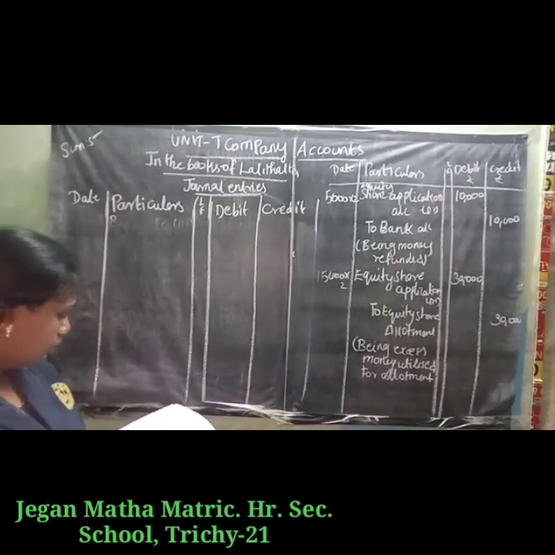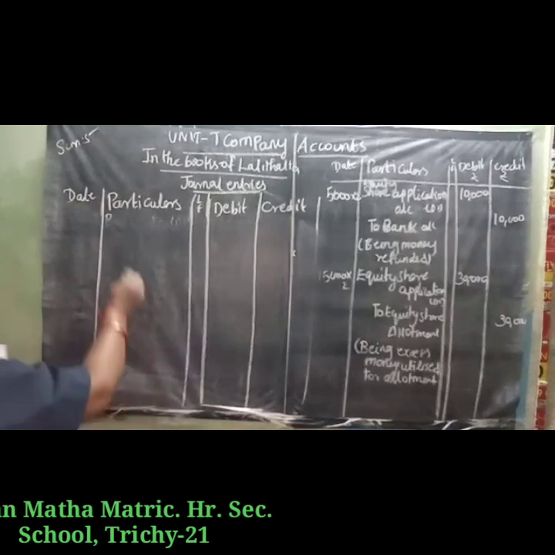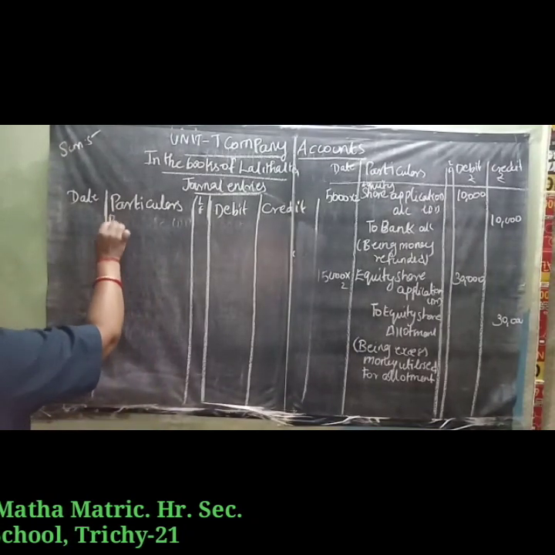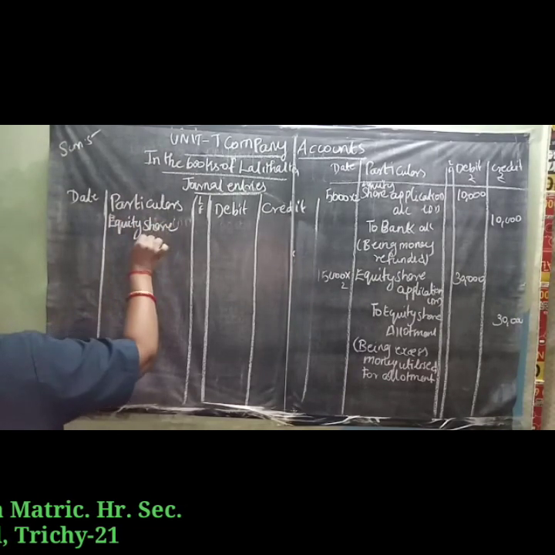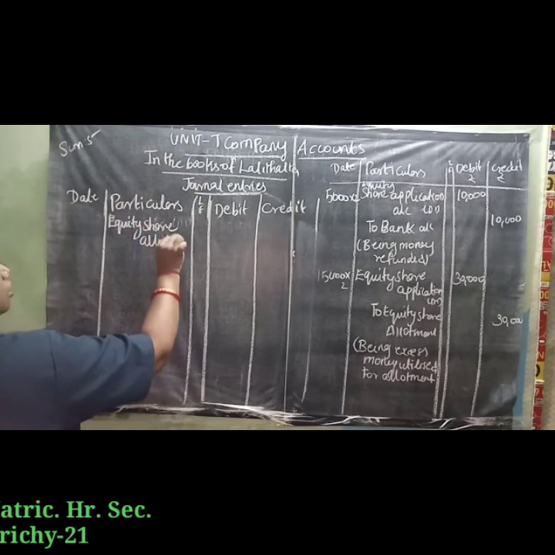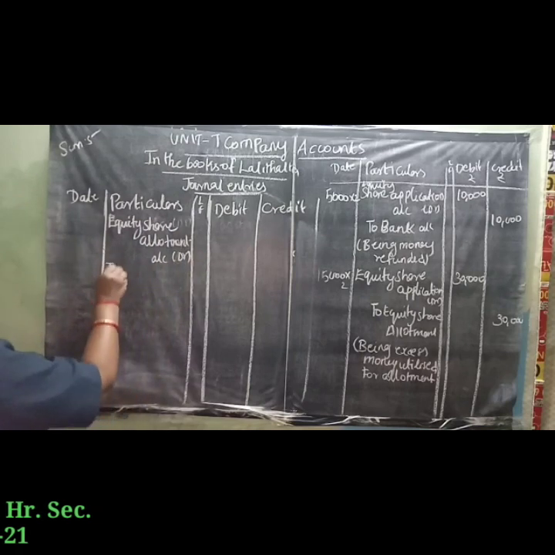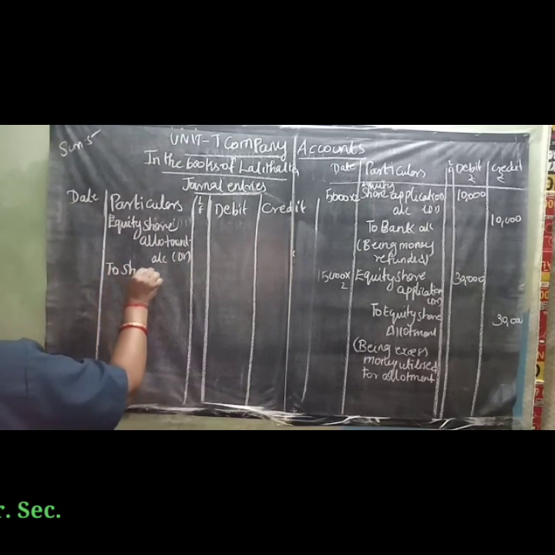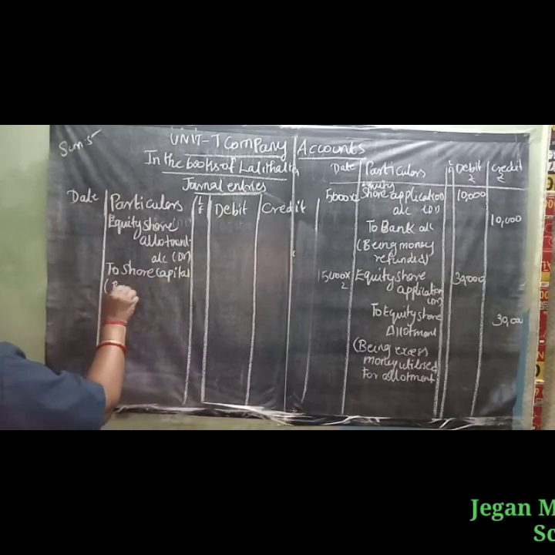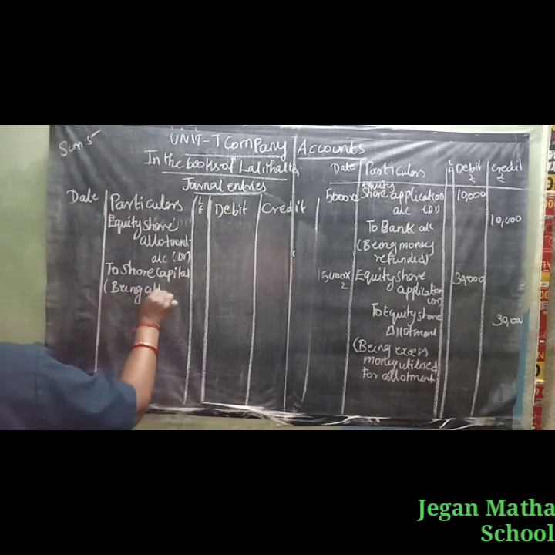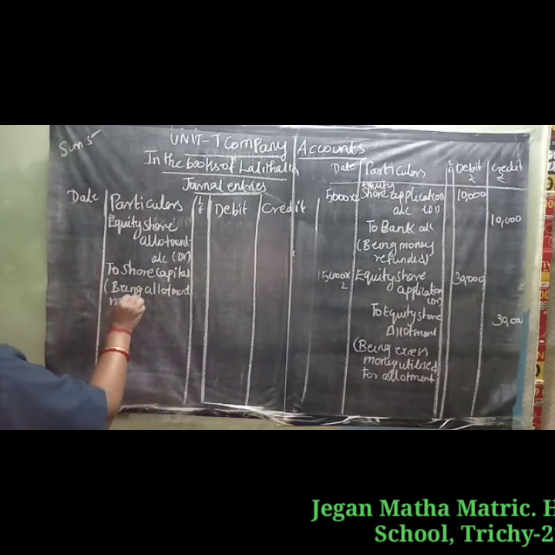So next entry for allotment. The share allotment amount is 3 rupees. So we have to write the entry: equity share allotment account debit to share capital, being allotment money is due.